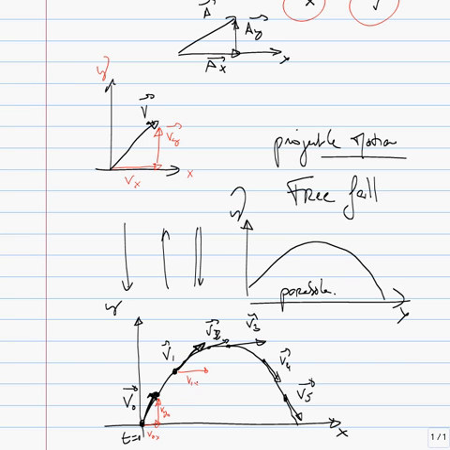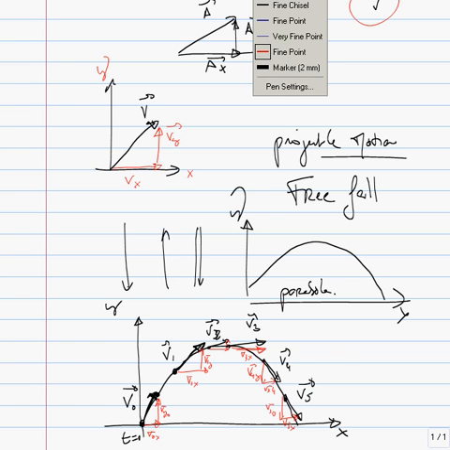At the top it would be only x. And we're going to treat each dimension separately.